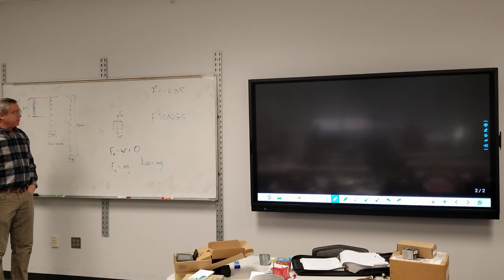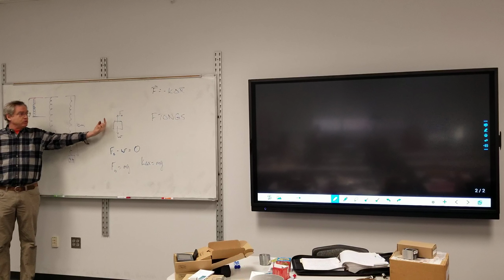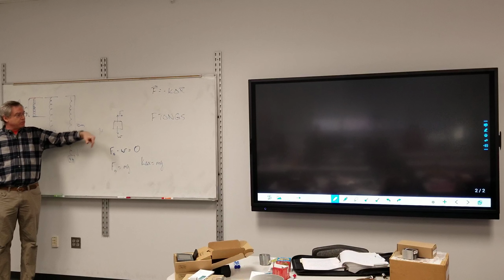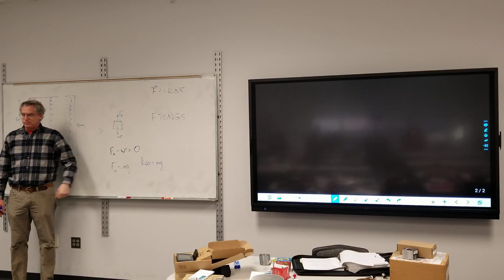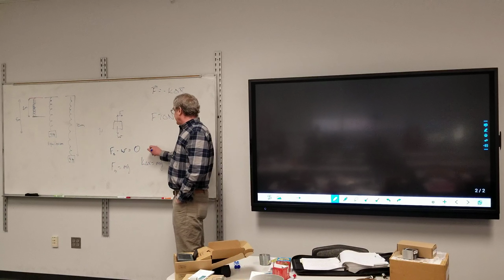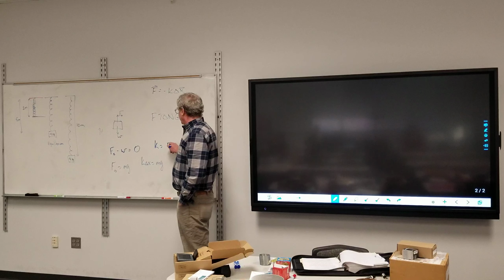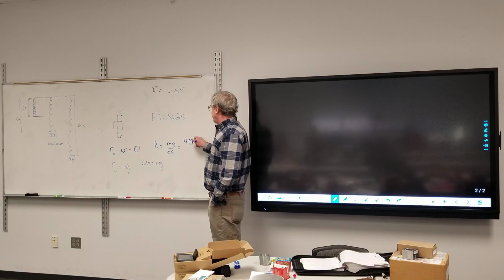All right, as far as the negative goes, the negative is telling us that that force is upwards. So the magnitude of the force up is equal to the magnitude of the force down, which is characterized mathematically that way. All right. So therefore, k, the spring constant, would be equal to mg divided by how much it's stretched. So 4 times, we'll put it on this planet, divided by what?